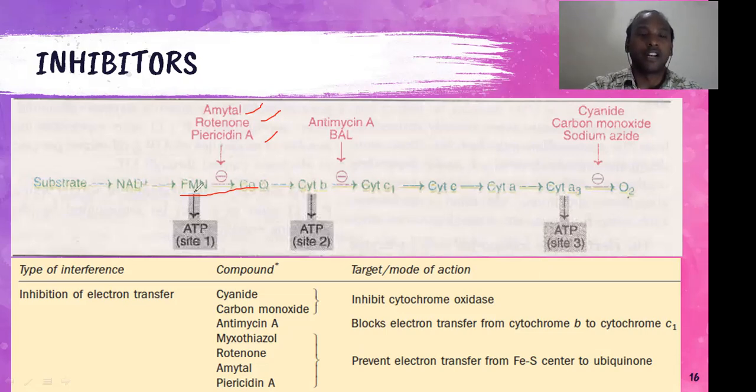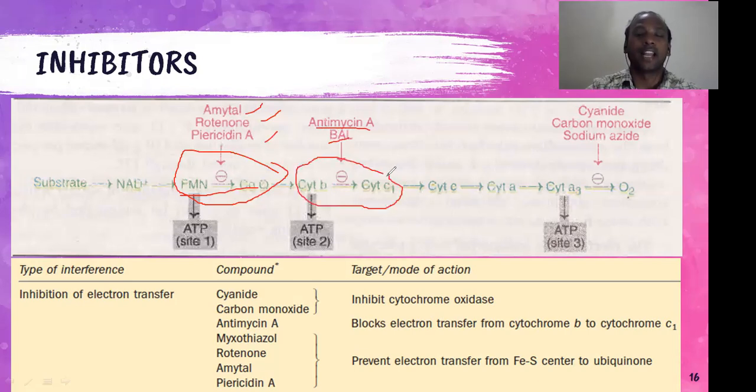So this is the iron sulfur center to the ubiquinone, which acts at complex 1. And at complex 3, antimycin A and BAL are involved, and they block the electron transfer from cytochrome B to cytochrome C1.